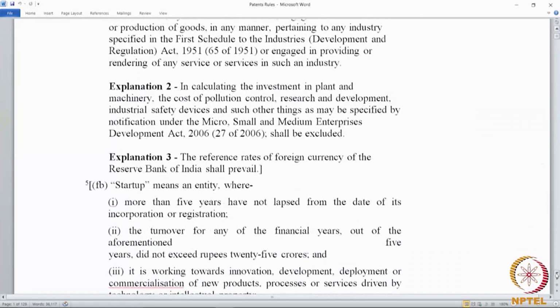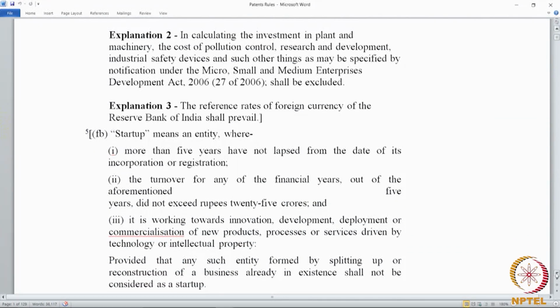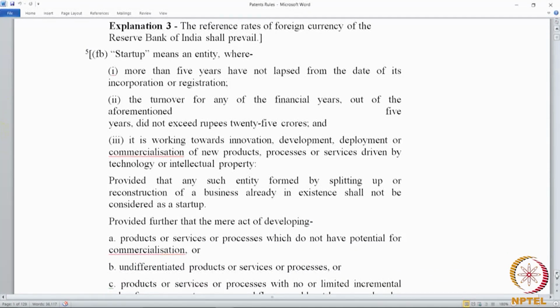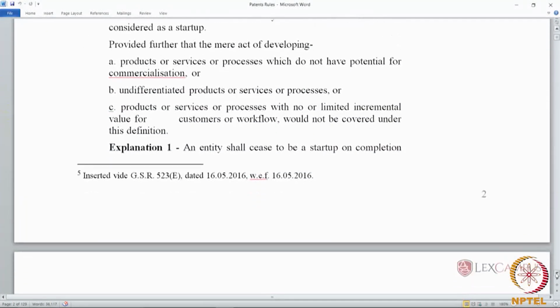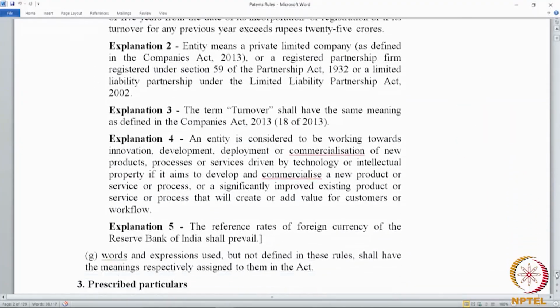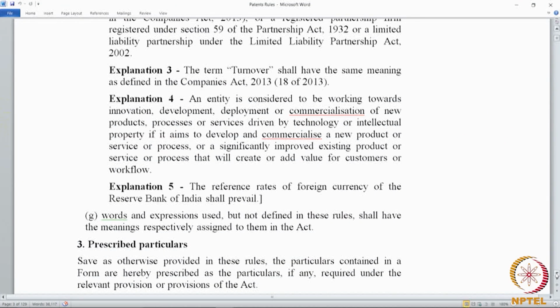Now, there is a definition of startup. This was introduced by the 2016 rules. It's quite an elaborate definition. We can look at the details later. And then you have (g), words and expressions used but not defined in these rules shall have the meaning respectively assigned to them in the act.